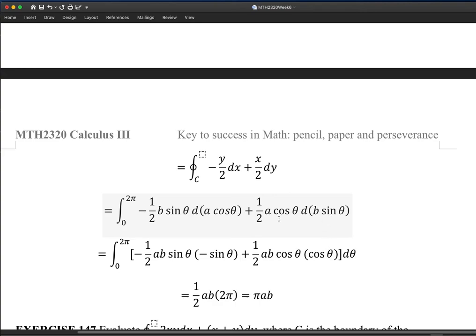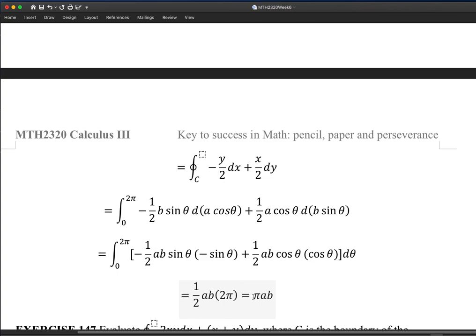The derivative of sine is cosine. So we have cosine squared together. So take out 1/2 ab, and then the integrand is sine squared plus cosine squared, which is 1. So we are really having the integral of 1 with respect to theta. That 1/2 times ab still stays.